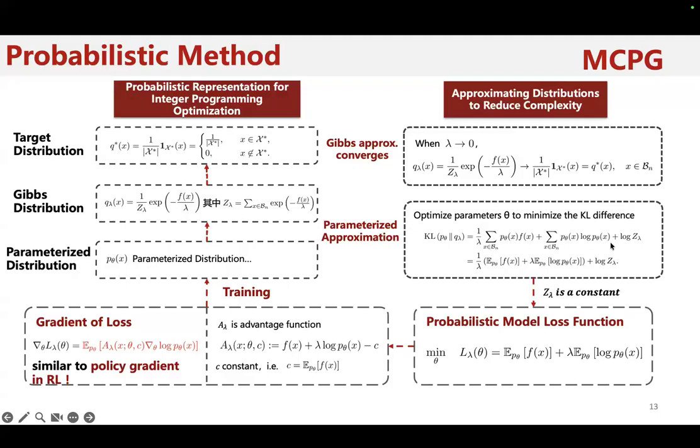You see, this capital Z is a constant. Essentially, it is the summation over all the feasible solutions, so of course it is a constant. Then minimization of the KL divergence is equivalent to this problem. The first term is the so-called loss function, which is essentially the same as this one.